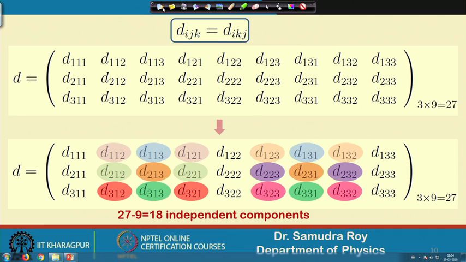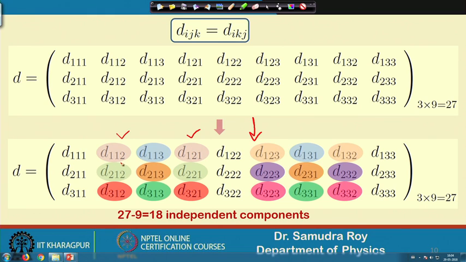Once we have d_ijk equal to d_ikj, then if I look very carefully, we find that these components and these components are the same. All the components marked with different colors are the same. These pairs have the same value.